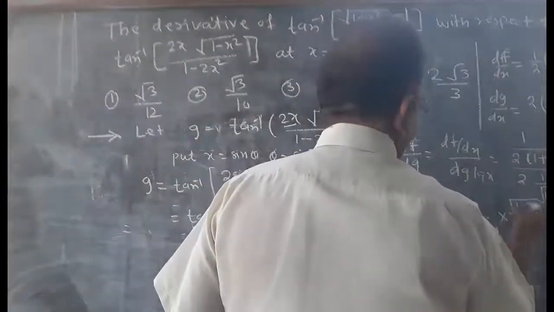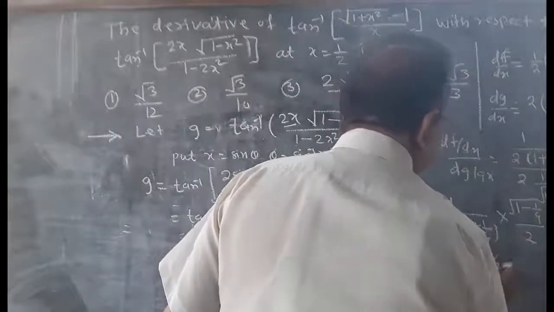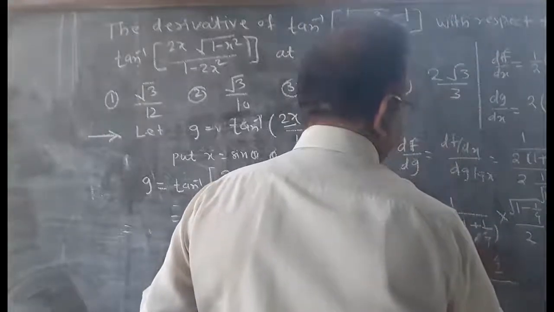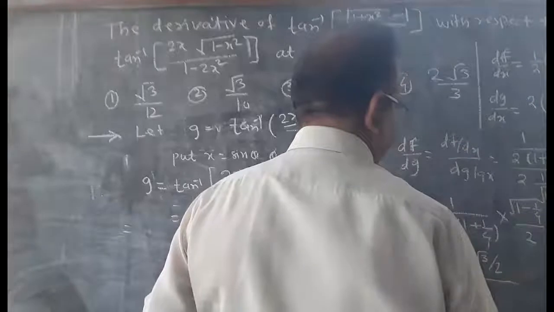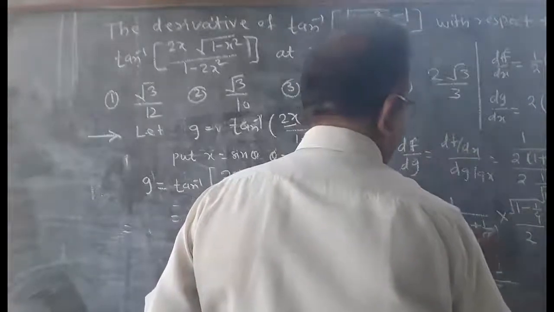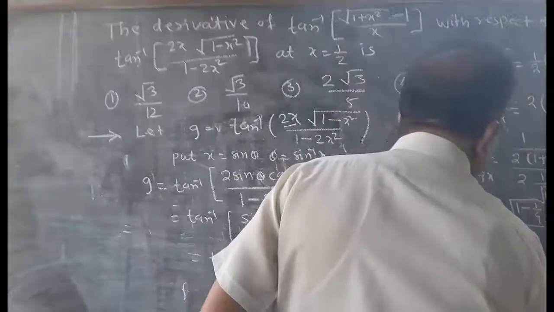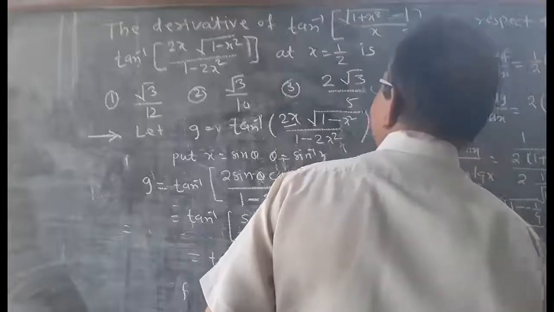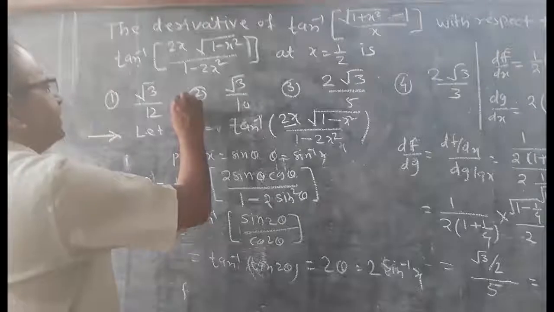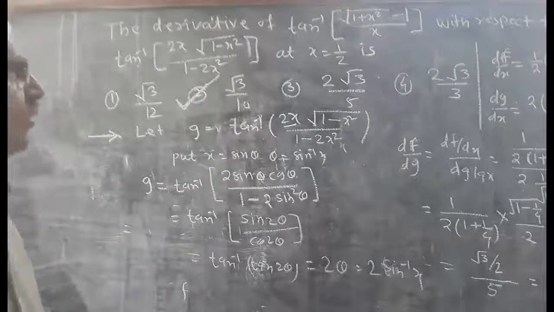This is nothing but root 3 by 4, out of the root, that will become 2. 5 by 4 into 4, that is nothing but 5. 4 plus 1, 5 by 4 multiplied by 4 is 5, that is root 3 by 10. Root 3 by 10, and hence the correct option is second. Root 3 by 10 is the correct option for this.